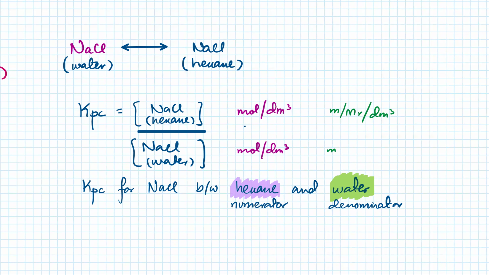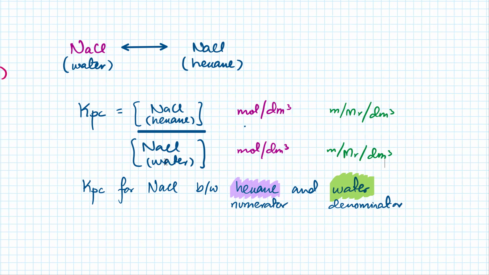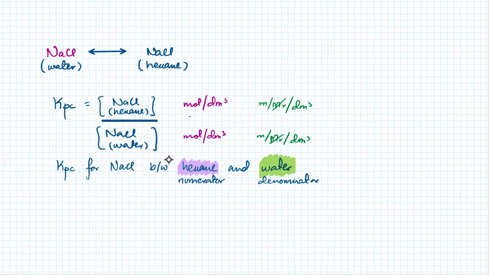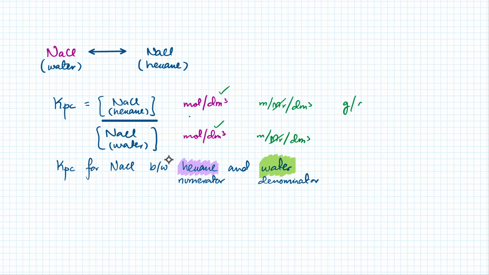So moles would be mass divided by Mr over dm cube. Now the Mr is going to be the same because it's NaCl and NaCl over here as well. So there's no need for dividing it by Mr. You could directly use mass. So often for KPC you're going to use concentration, but that could be simplified further to just gram per cm cube.